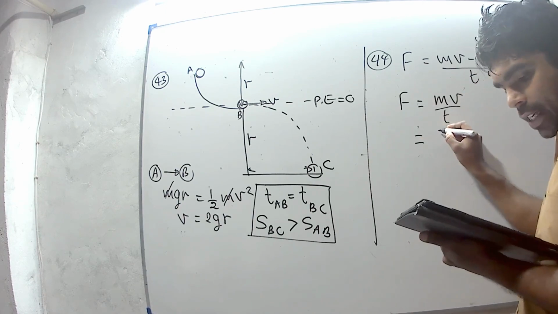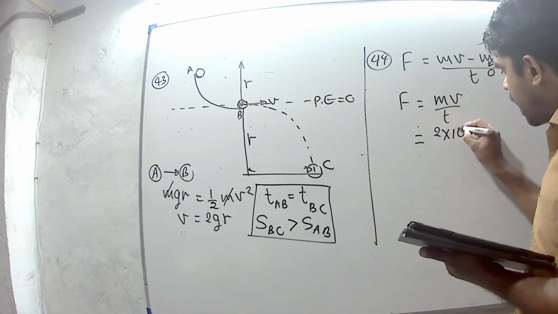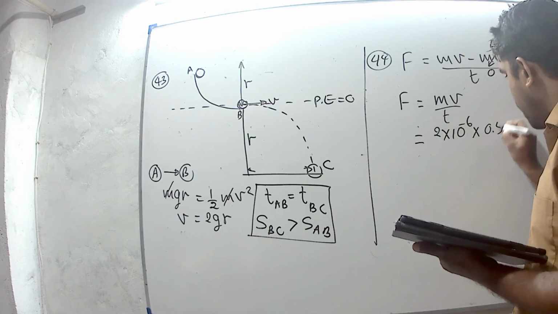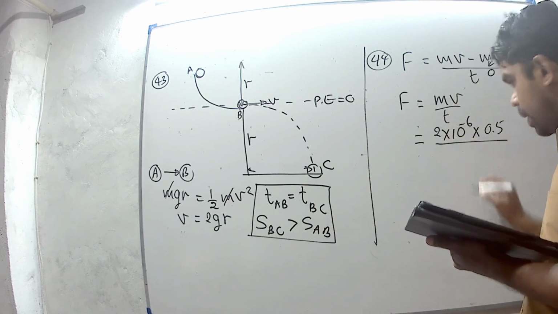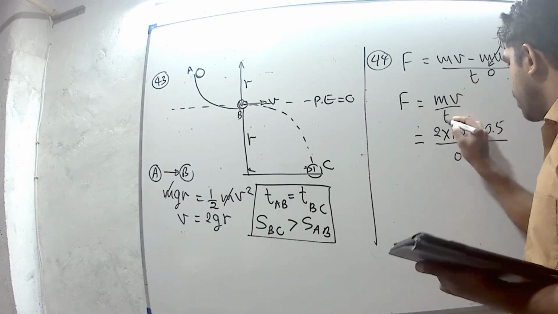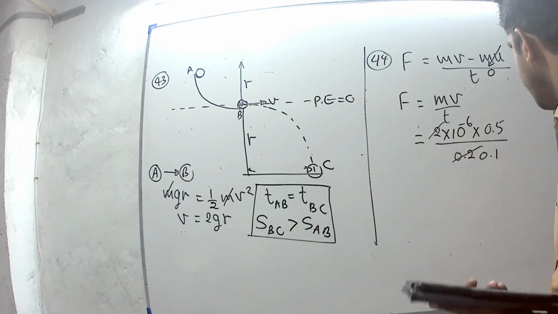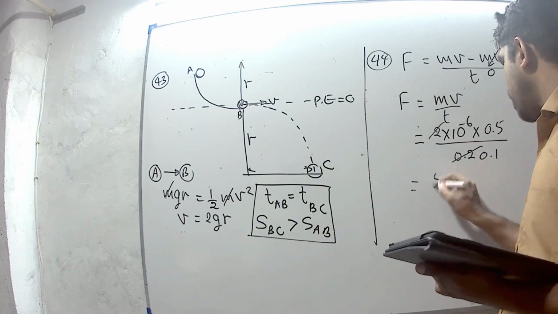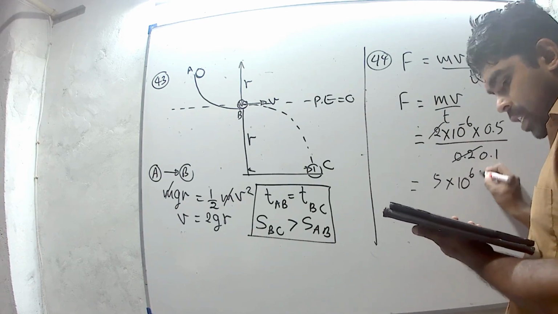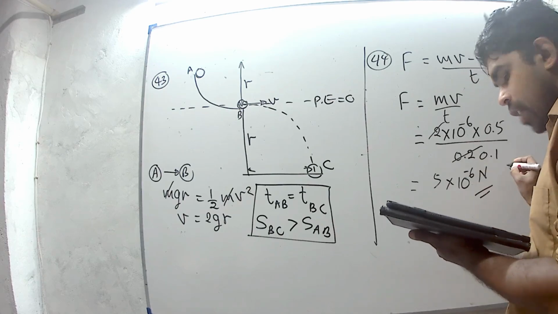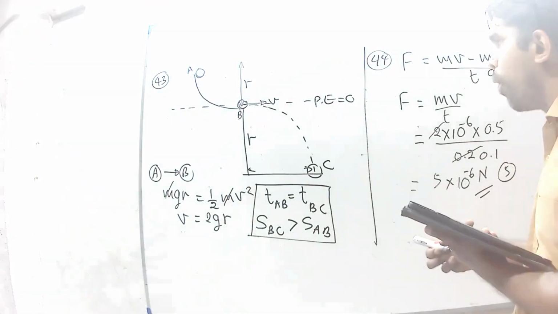Mass of the ant is 2 into 10 to the power minus 6, velocity 0.5, divided by time 0.2. We can cancel out 2 and 0.2, giving 10, so 5 into 10 to the power minus 6 Newton. Then the answer is 5 for question number 44.